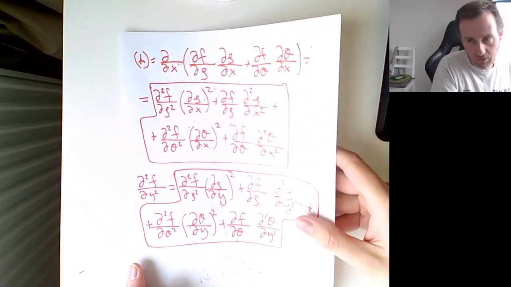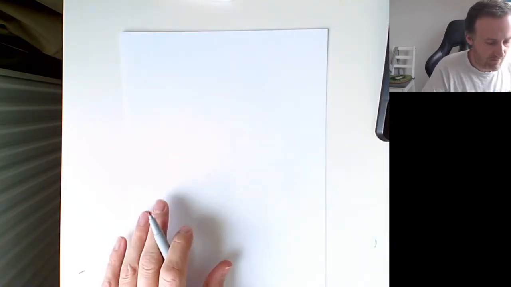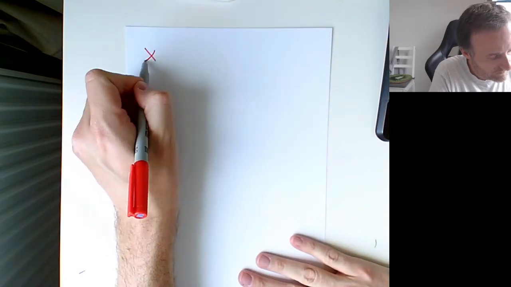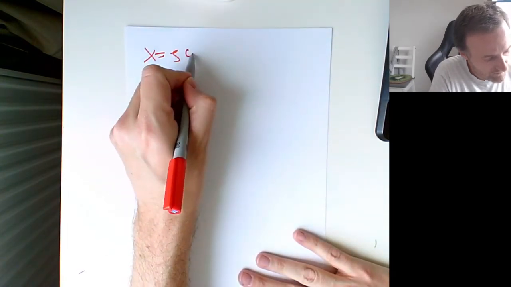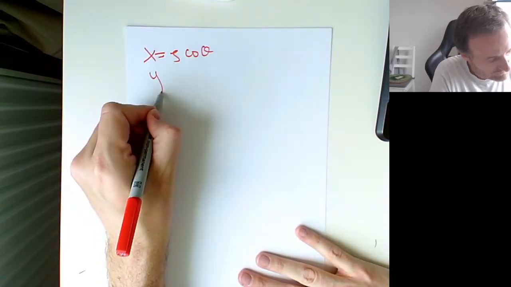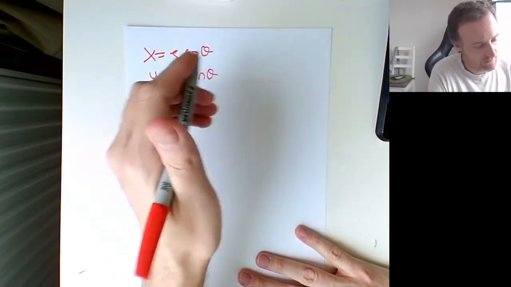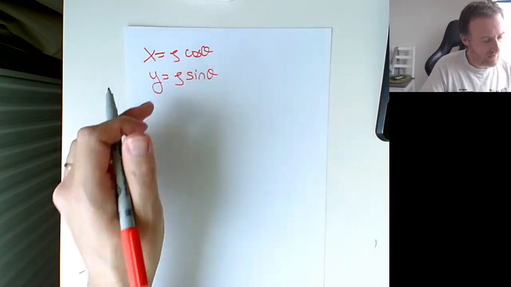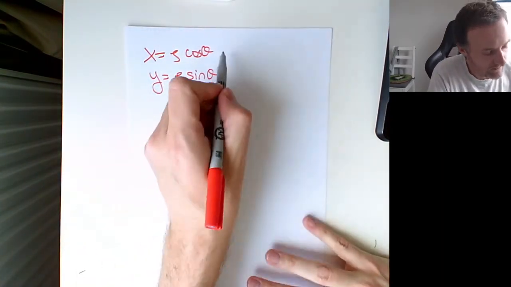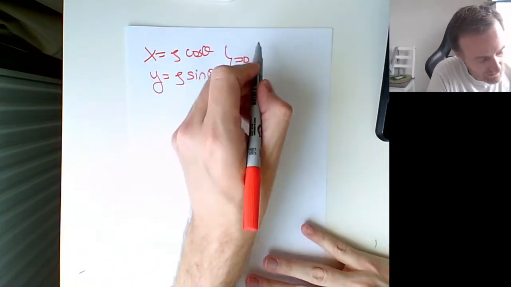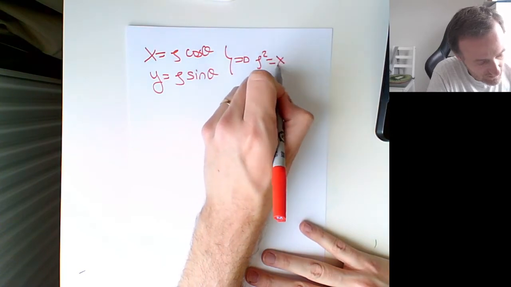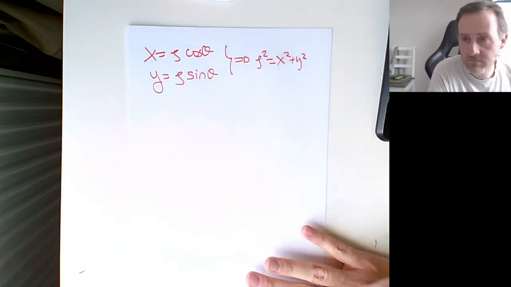So how do we compute these partial derivatives? So we go here. So x is rho cosine theta, y is rho sine theta. So from this we get that rho squared is x squared plus y squared.